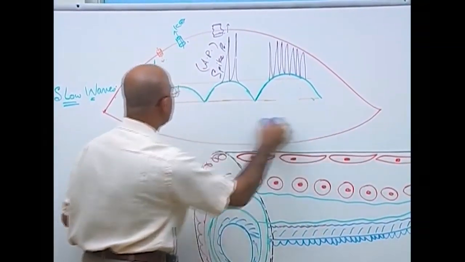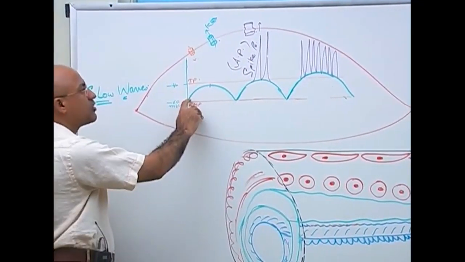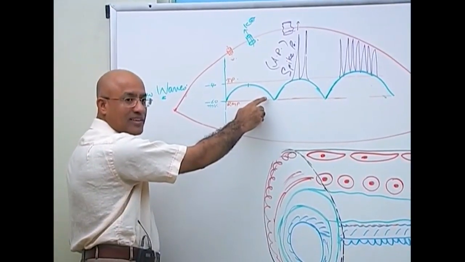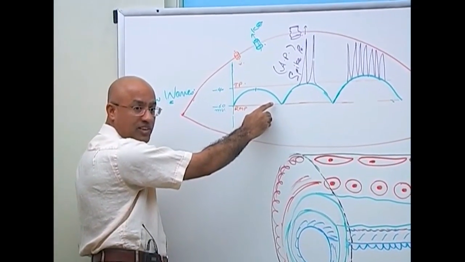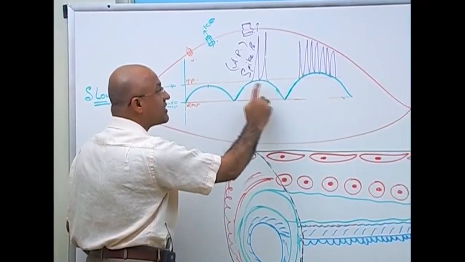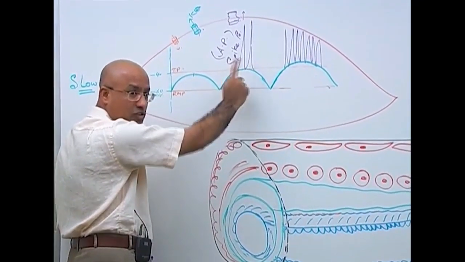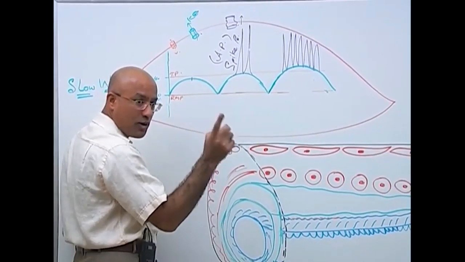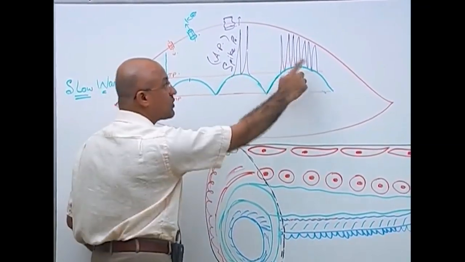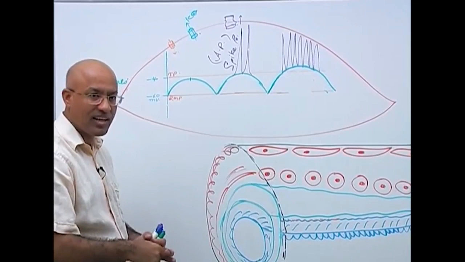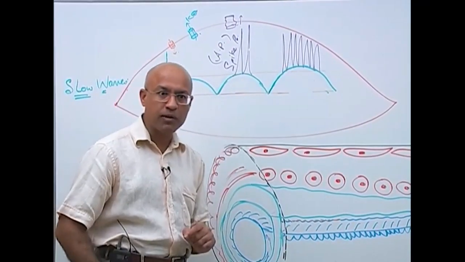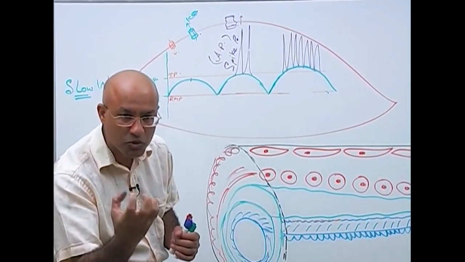Already we have observed that if the slow wave is weak, there is no spike potential. If the slow wave is stronger, there is a spike potential. And the strength of the slow wave eventually determines the frequency of spike potentials, and the frequency of spike potentials determines the intensity of smooth muscle contraction.